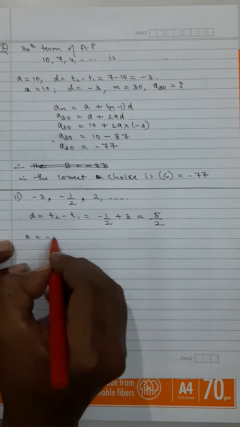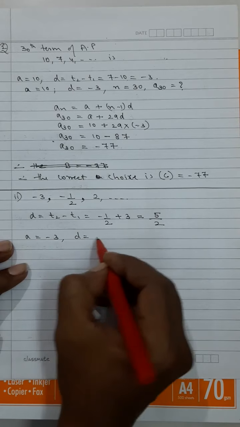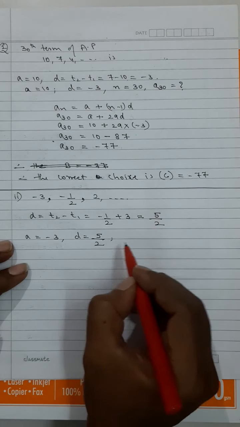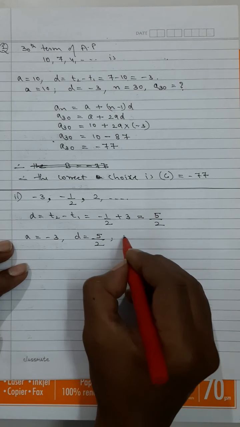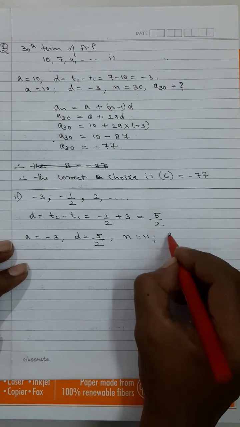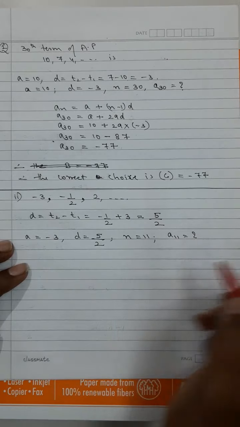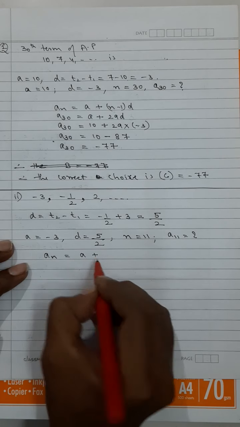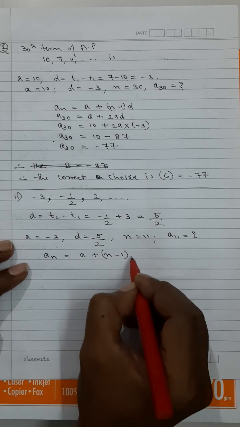So a is equal to minus 3, d is equal to 5 upon 2. Definitely it is increasing. And they are asking you to find the 11th term. The n is equal to 11. A11 is equal to what? Again we know for arithmetic progression an is equal to a plus n minus 1 into d.